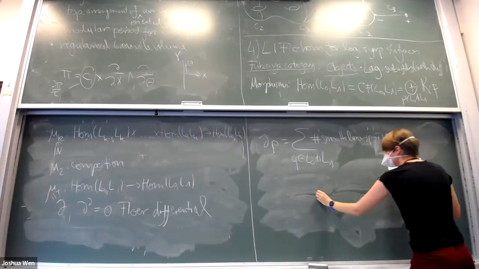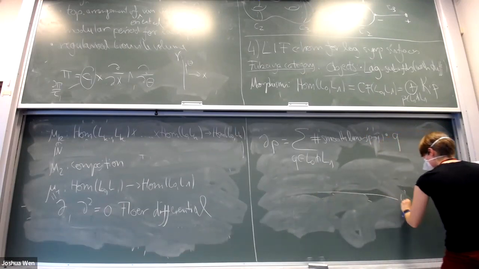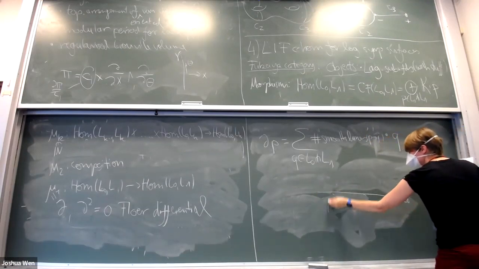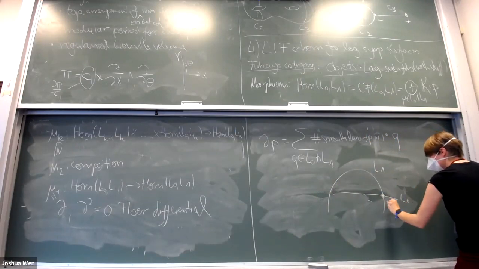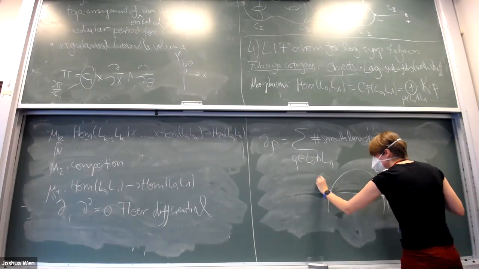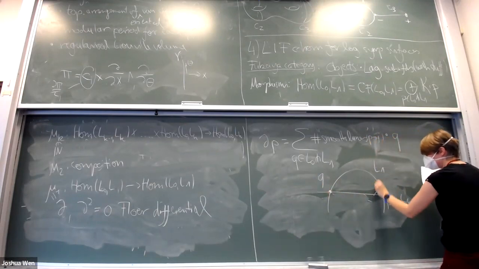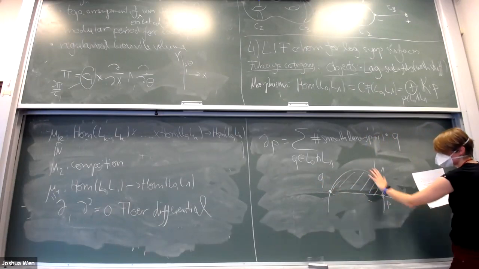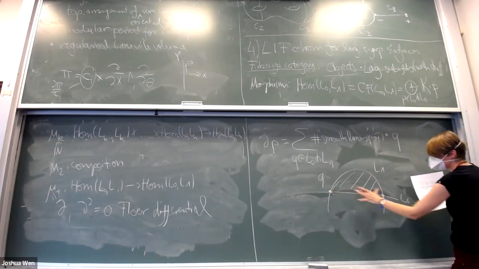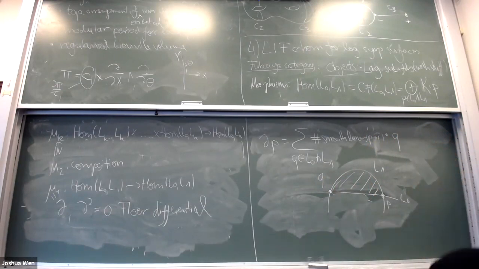And what are these? So here's one Lagrangian L0. Here's the other one. Here's the point P. Here's the point Q. And then this half-moon shaped thing that lies in between the two Lagrangians, with the endpoints being precisely the two intersection points.